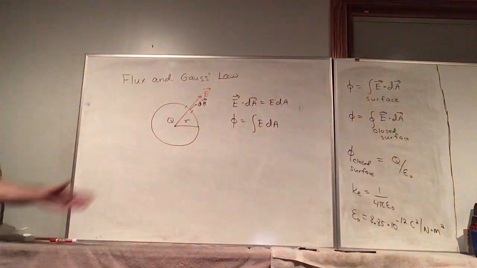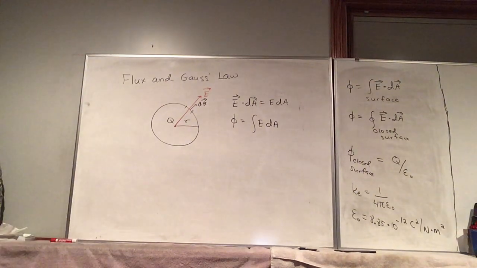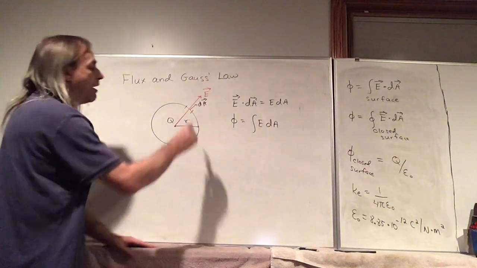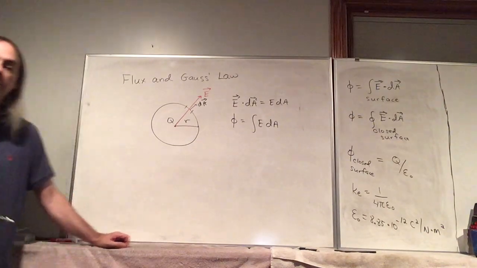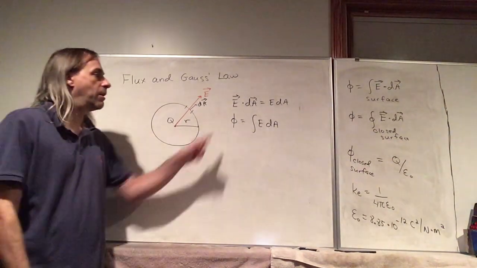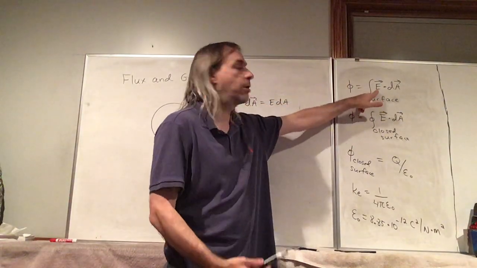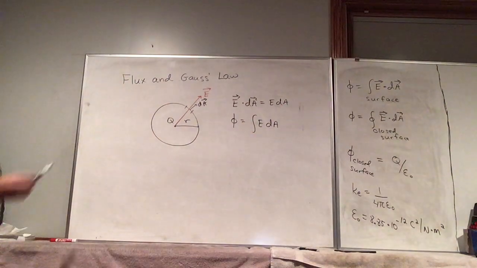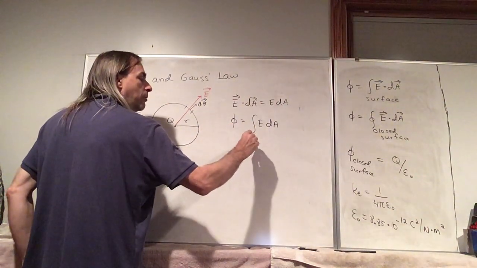Again, we just have to break up our entire spherical surface and calculate this over each piece. But the other remarkable thing that happens here is the electric field at any point on the surface is going to have the same magnitude. Here it's just the magnitude, and the magnitude is the same everywhere we're integrating over this closed surface.